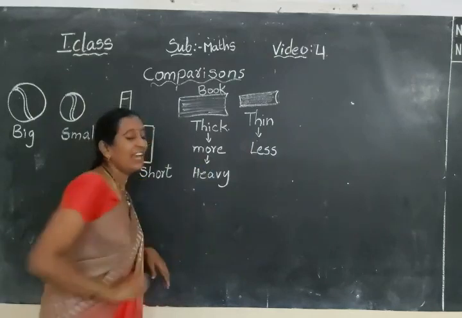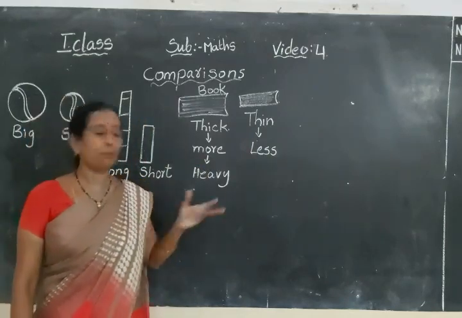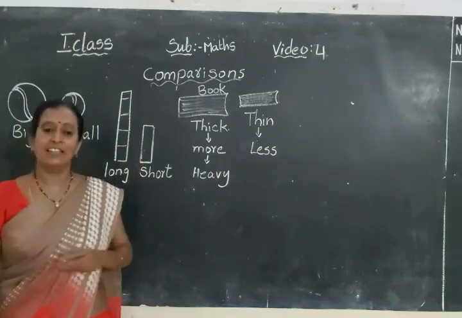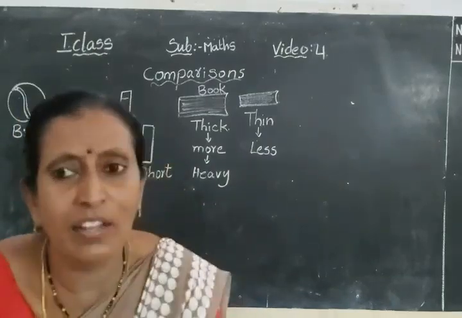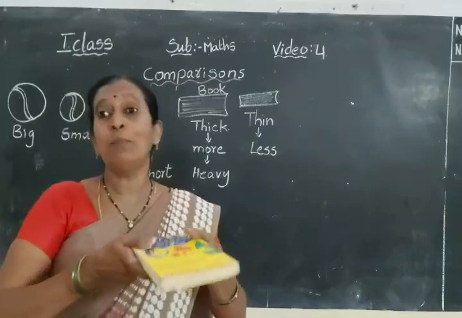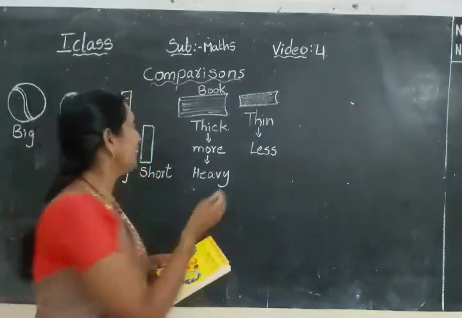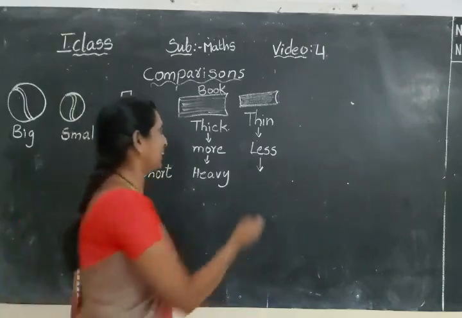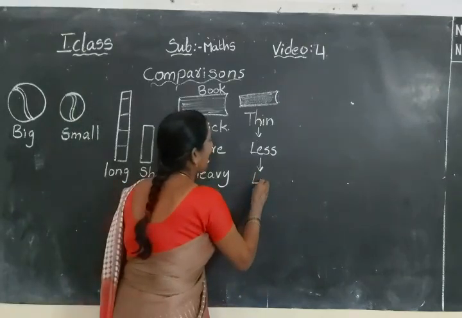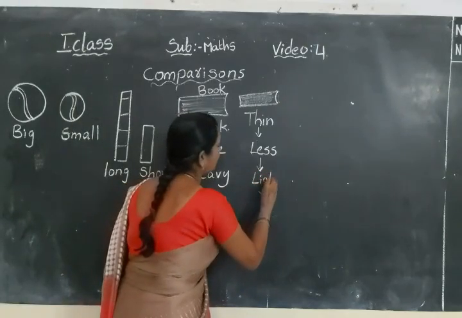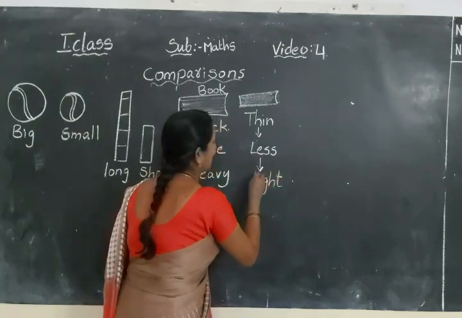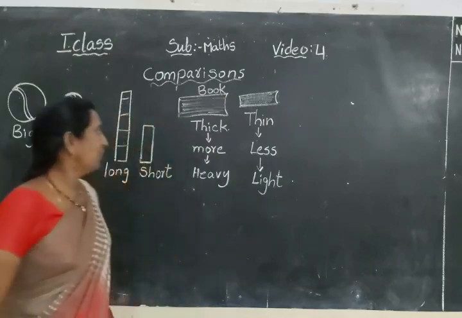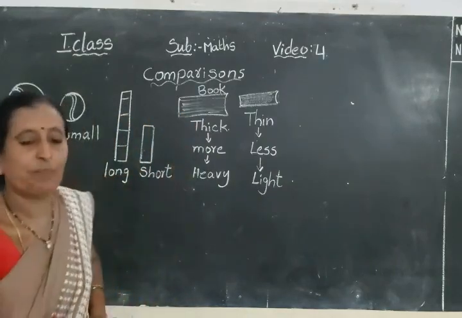Heavy means the weight of a thing. This book we have to hold, it will have a little bit of weight. And this one is light weight. L-I-G-H-T, light.